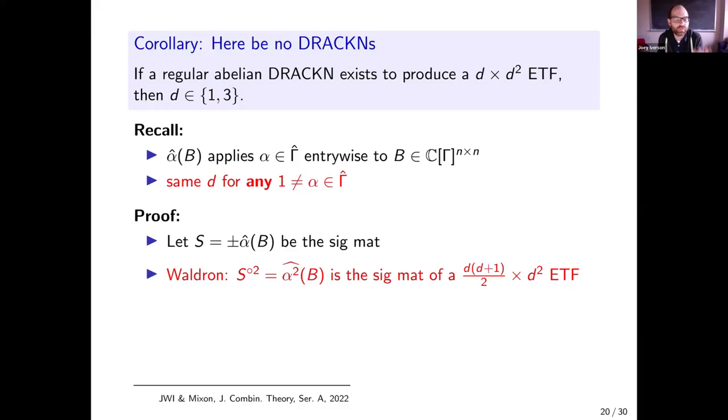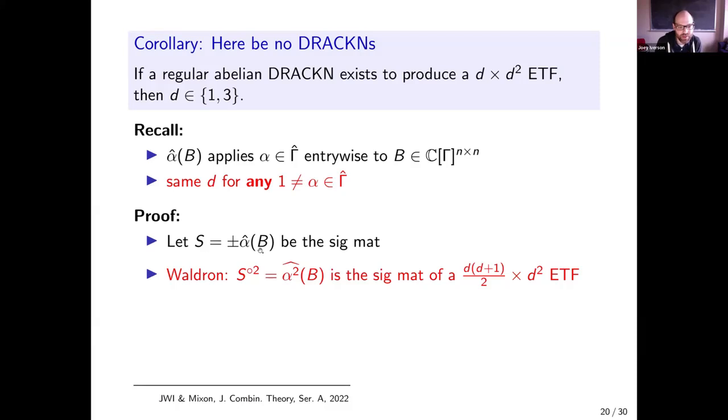And why? If you remember how we made these things, I was applying this character alpha entrywise to b. And the important thing is you get the same dimension for every choice of alpha. Okay. All right. So suppose you do this now, and you could be looking at a complement, and you have a minus here.